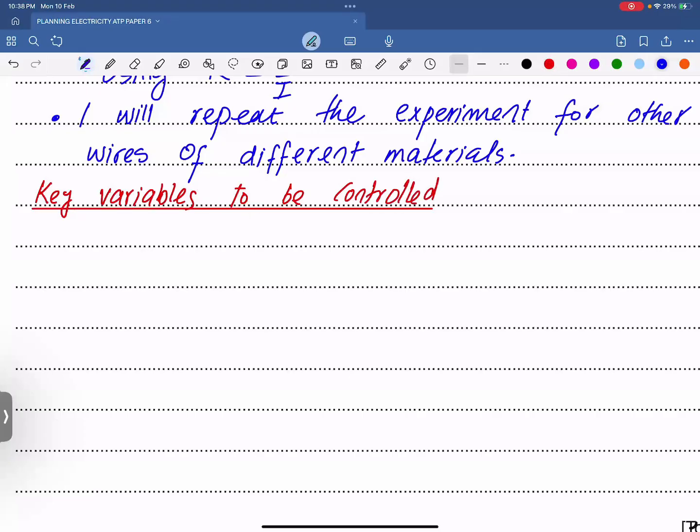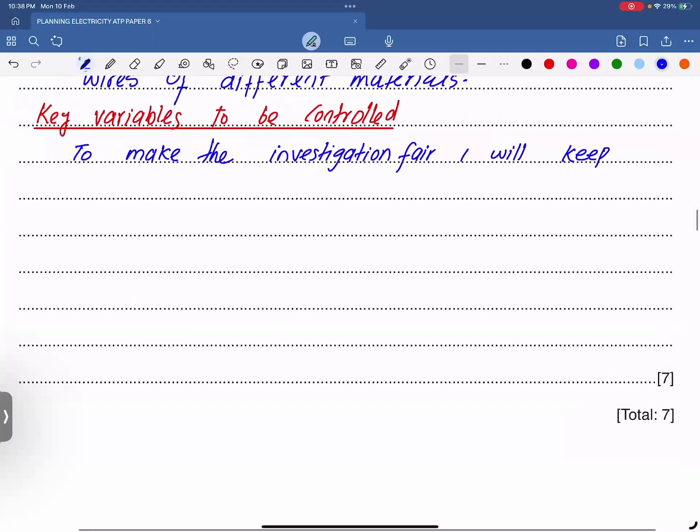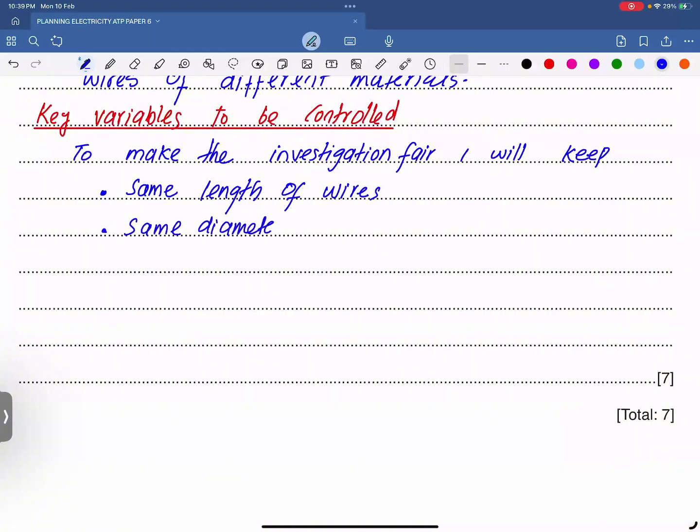You will write like this: to make the investigation fair, I will keep the same length of wire, and the same diameter of wire using a micrometer screw gauge.